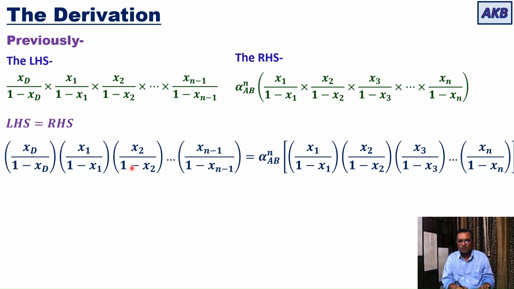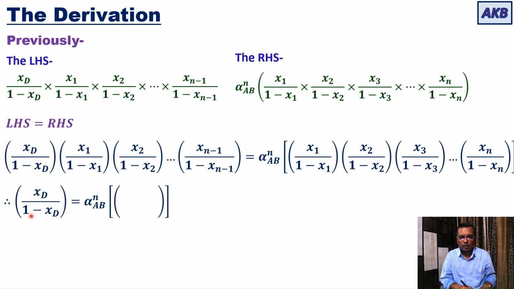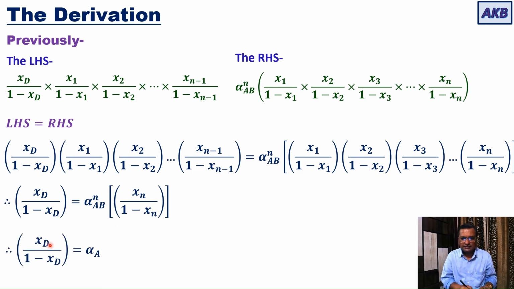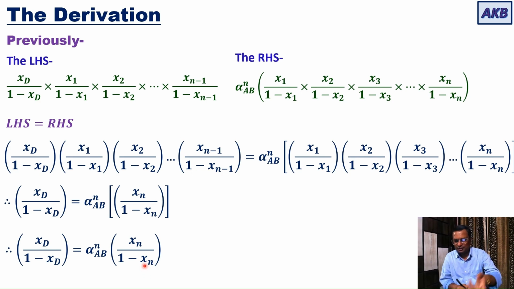Same is the case with x2 upon 1 minus x2 and all other terms. So that means you are left with xd upon 1 minus xd is equal to alpha AB raised to n into xn upon 1 minus xn. All other terms, since they are present on both sides of the equation, will get cancelled. So xd upon 1 minus xd is equal to alpha AB raised to n into xn upon 1 minus xn. So let us continue with this.